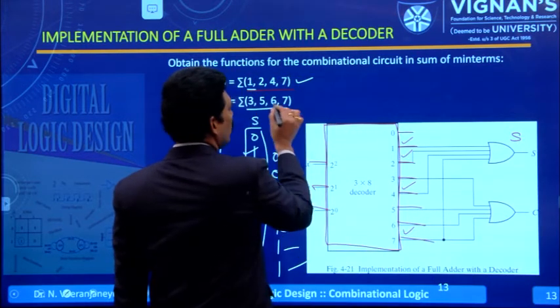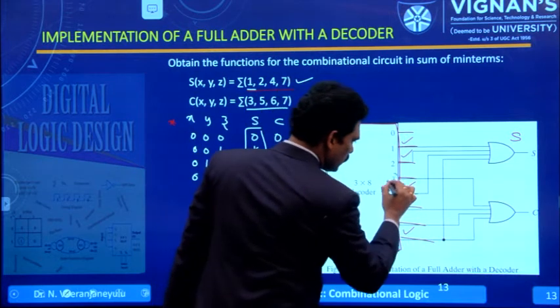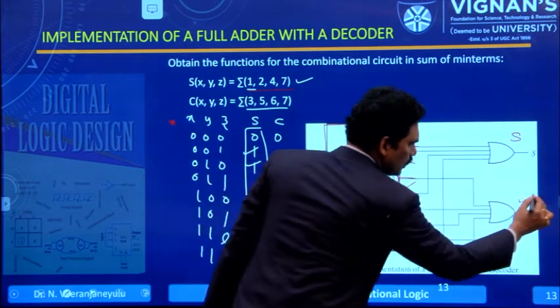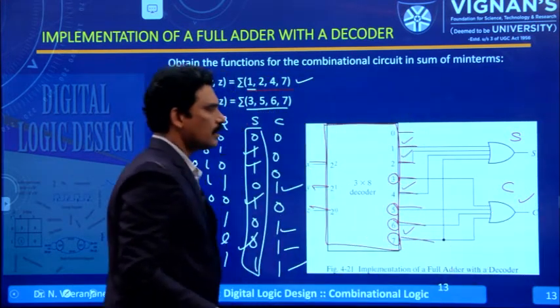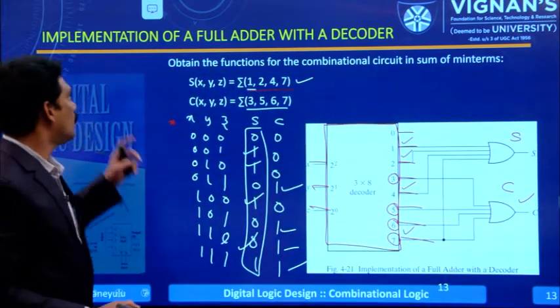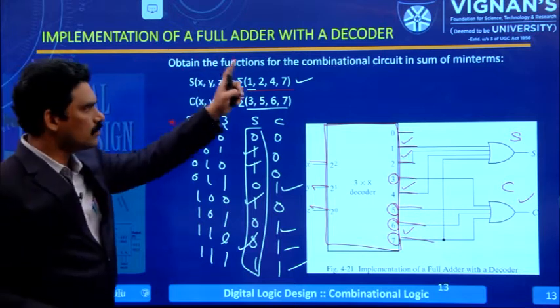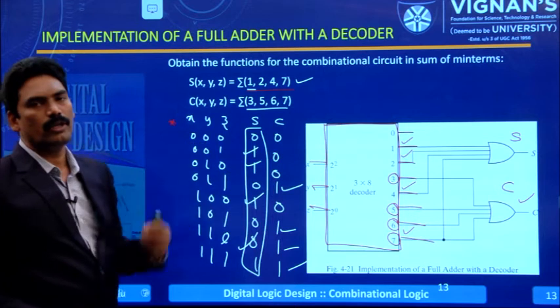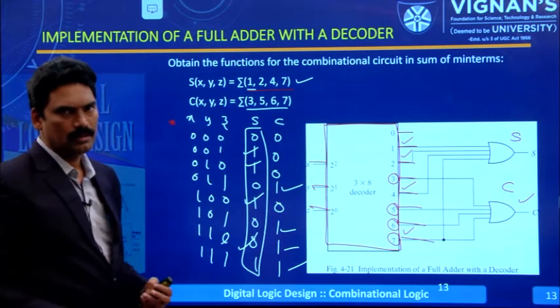Carry is equal to 3, 5, 6, 7. These 4 lines are connected to C. And this is the implementation of a full adder with a decoder. By using a 3 to 8 line decoder, we have implemented this full adder.